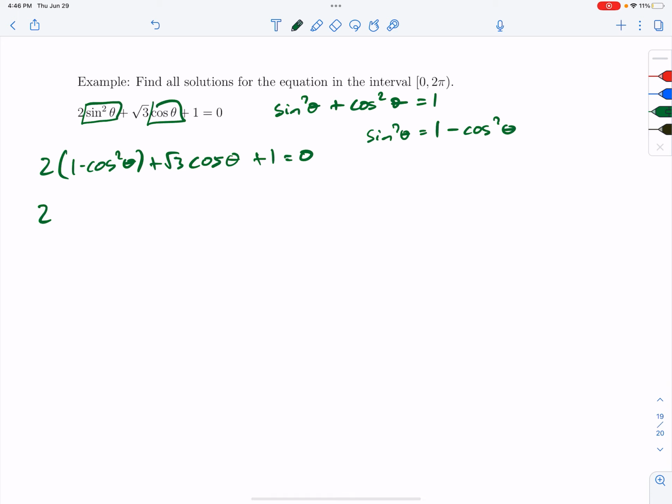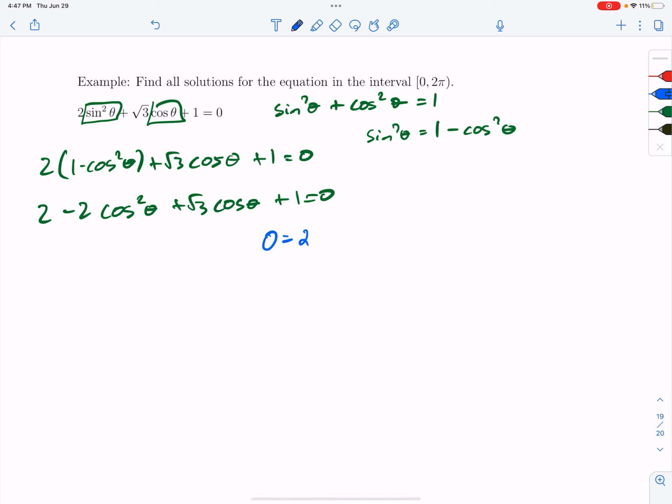So distributing, I get 2 minus 2 cosine squared theta plus square root 3 cosine theta plus 1 is equal to 0. Now, when we have a quadratic equation, we want that squared term to always be positive. So I'm going to move everything to the right side of the equal sign.